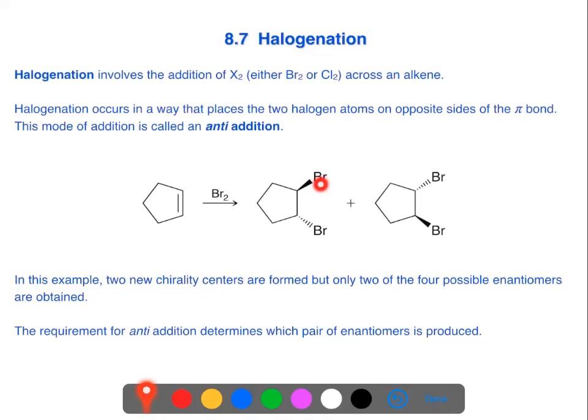In both cases, these bromines are trans with respect to each other. They are on either side of the plane. So the requirement for anti-addition determines which pair of enantiomers is produced. It's always going to be the pair in which you have the two halogens on either side of that plane.